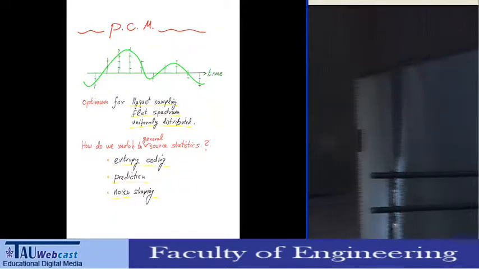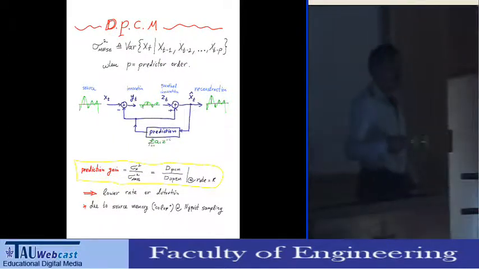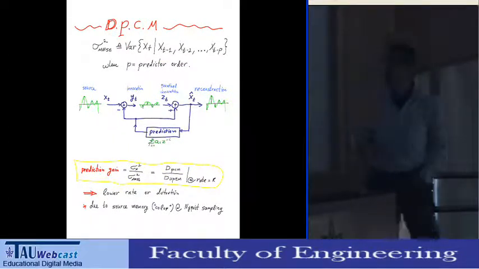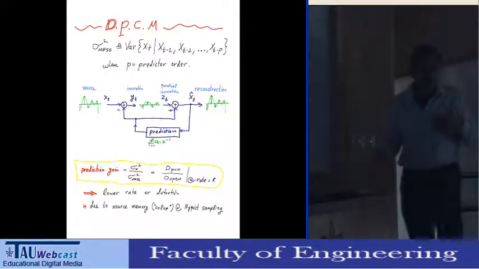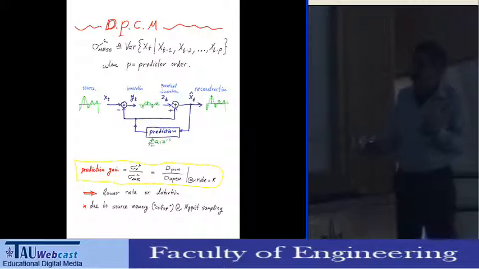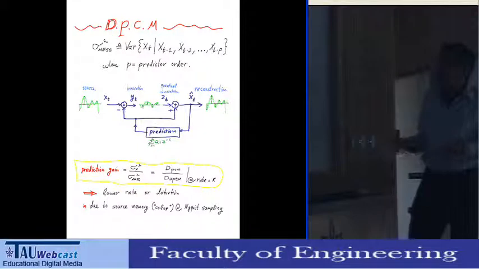So how to use prediction? This is the famous DPCM, differential pulse code modulation. In DPCM, we say, okay, the source has memory, and I can predict the t-th sample based on the previous P samples. So it's a P-order predictor, and I'm getting an improvement of the variance. Instead of having the variance of the source, I get a smaller variance, and I want to use it in the PCM idea.